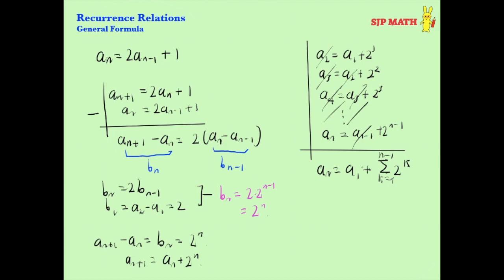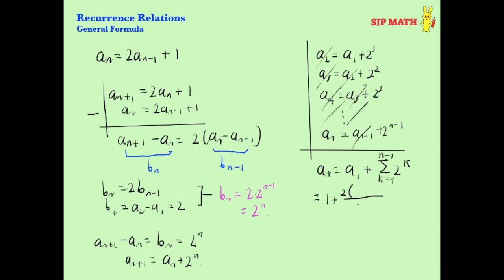And that is just a geometric series. So again, a1 is just 1, and that is just a geometric series with first term 2 and common ratio 2. Pretty simple.